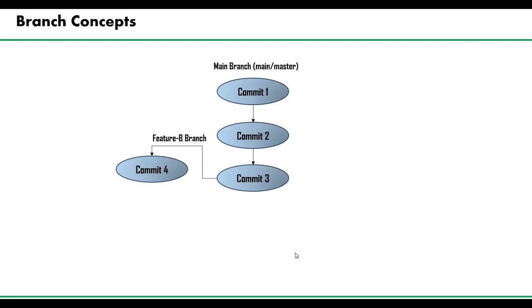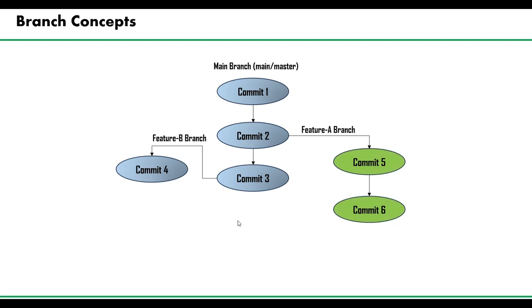And sometimes in the main branch, you make a change, you commit the changes. Your working directory reflects the changes you've made in this branch, for example, branch B and also the main branch. While your colleague does the same, making changes and committing them to the feature A branch, commit 5 or commit 6, for example.